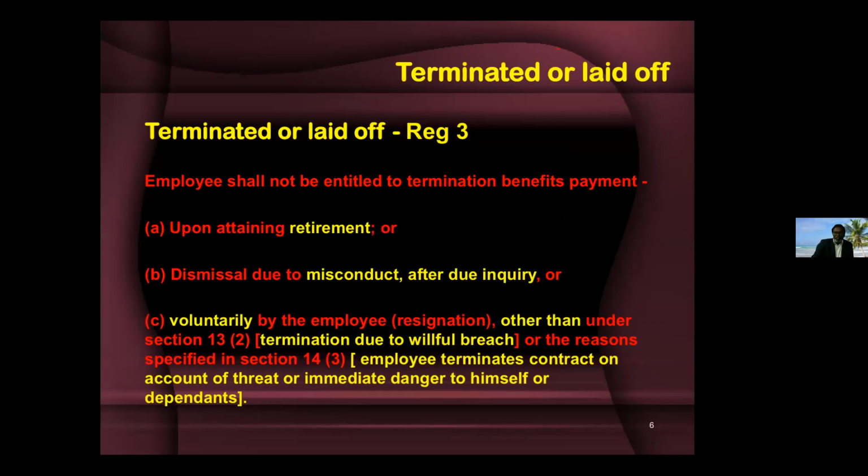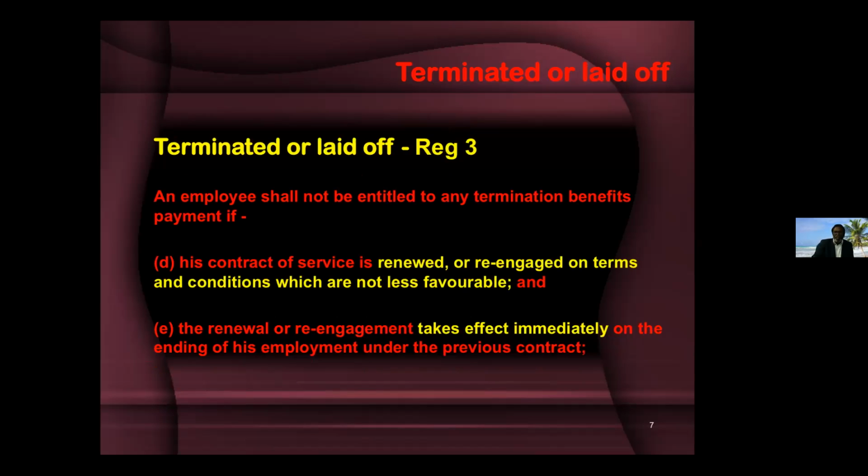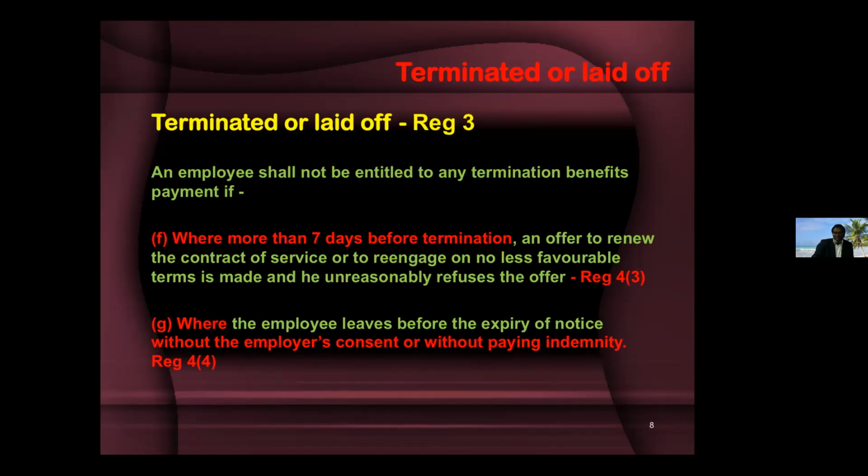So right now we should be familiar with the conditions whereby employees shall not be entitled to termination benefits: retirement, dismissal due to misconduct, voluntary basis, section 13, 14, etc. A renewed contract of service, and 7 days and things like that, where the employee refuses the offer.